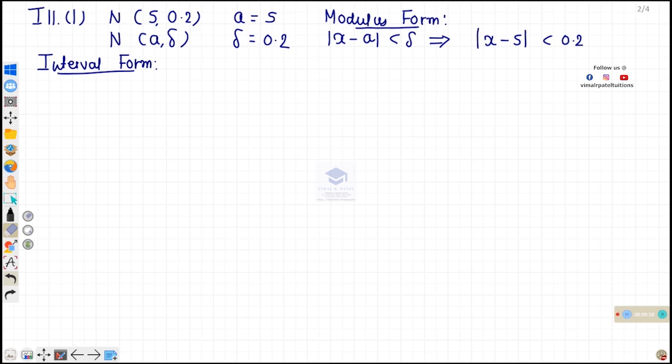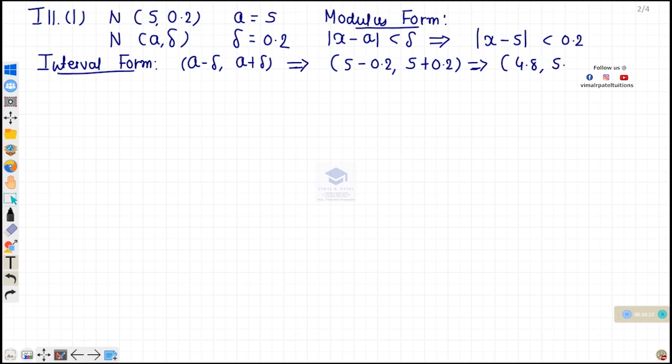Then interval form: a minus delta and a plus delta. So 5 minus 0.2, 5 plus 0.2. 4.8 and 5.2.